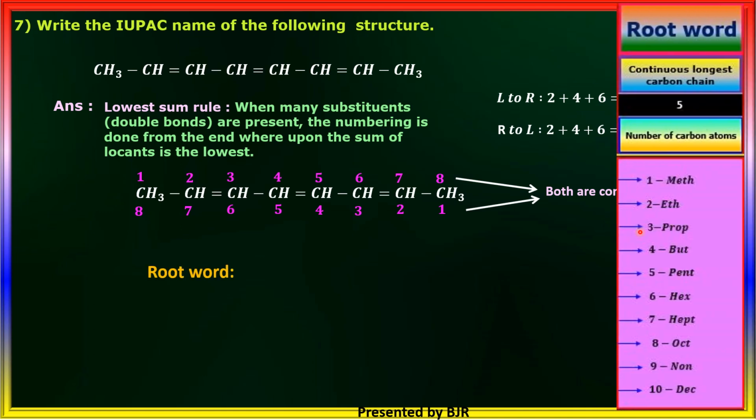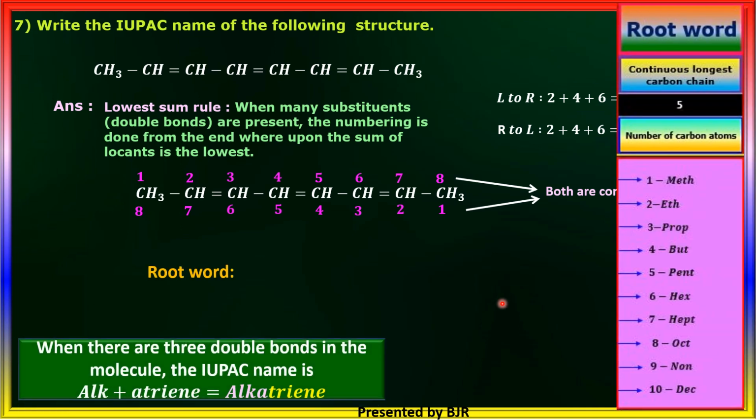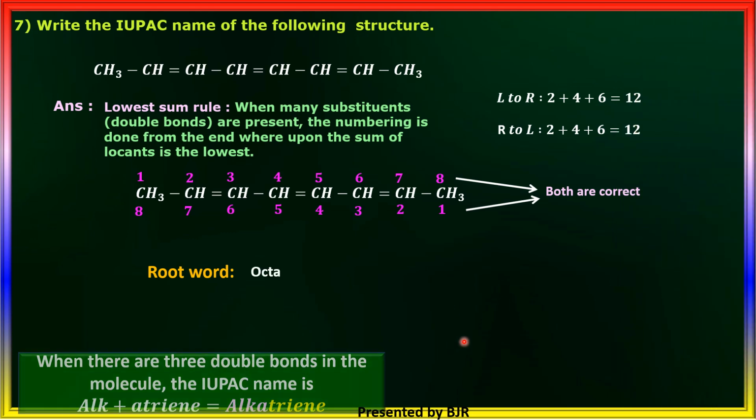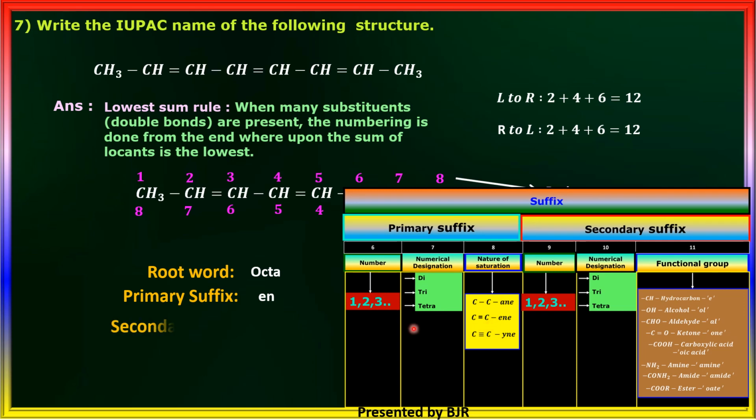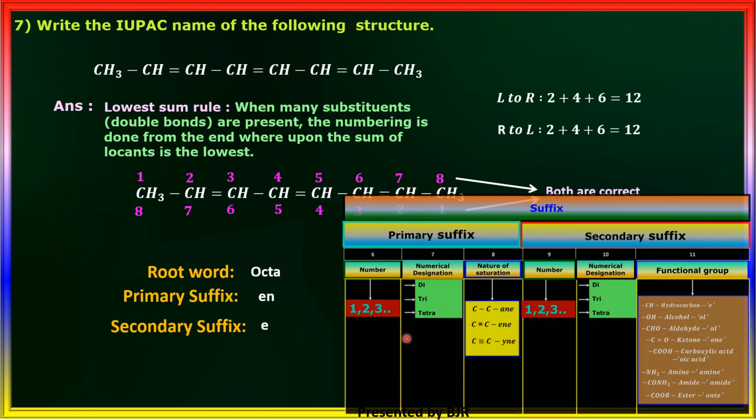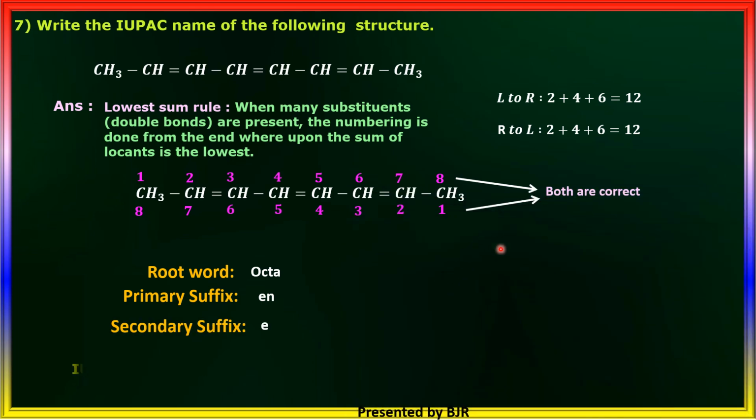So the root word is octa. Next, the primary suffix is en and the secondary suffix is e. So the IUPAC name is octa-2,4,6-triene, because 3 double bonds are there.